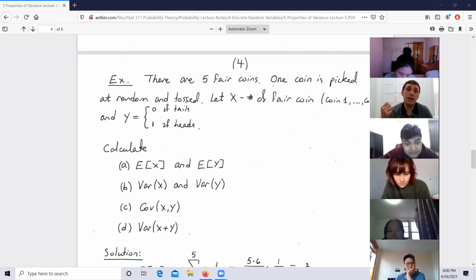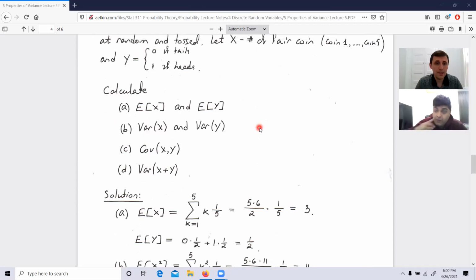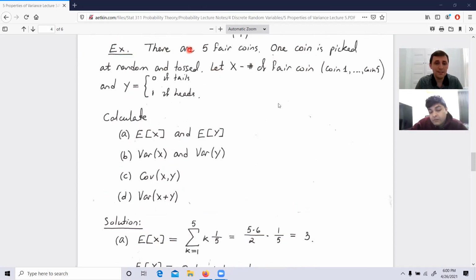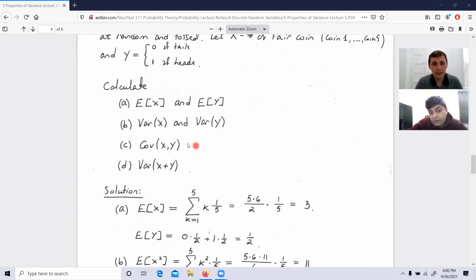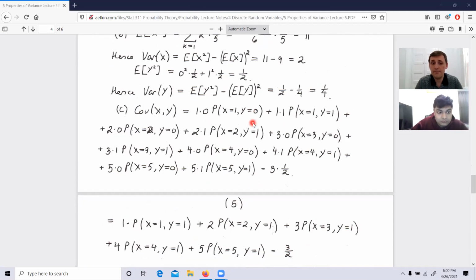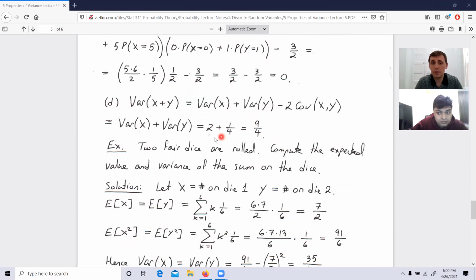And that means that the random variables are independent, which means that the covariance is 0. Therefore, variance of x plus y is the variance of x plus the variance of y, which we calculated. Variance of x is 2, variance of y is 1/4, so it's 9/4.